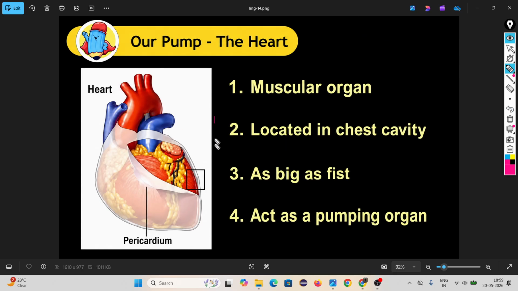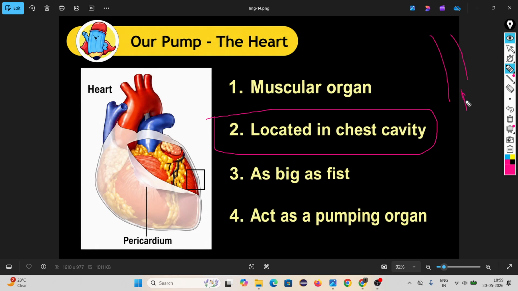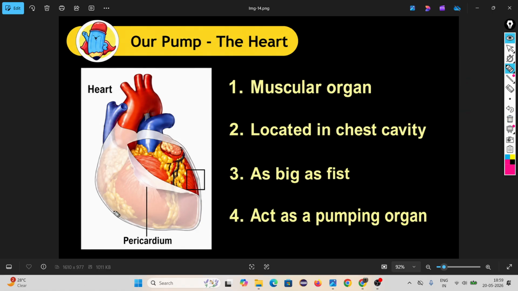It is present inside our chest cavity, inside our ribs, and slightly tilted towards the left lung. Its size is as big as our fist. If you close all your fingers, the size of your fist is the size of a heart. It acts as a pumping organ. It pumps the blood to several body parts.